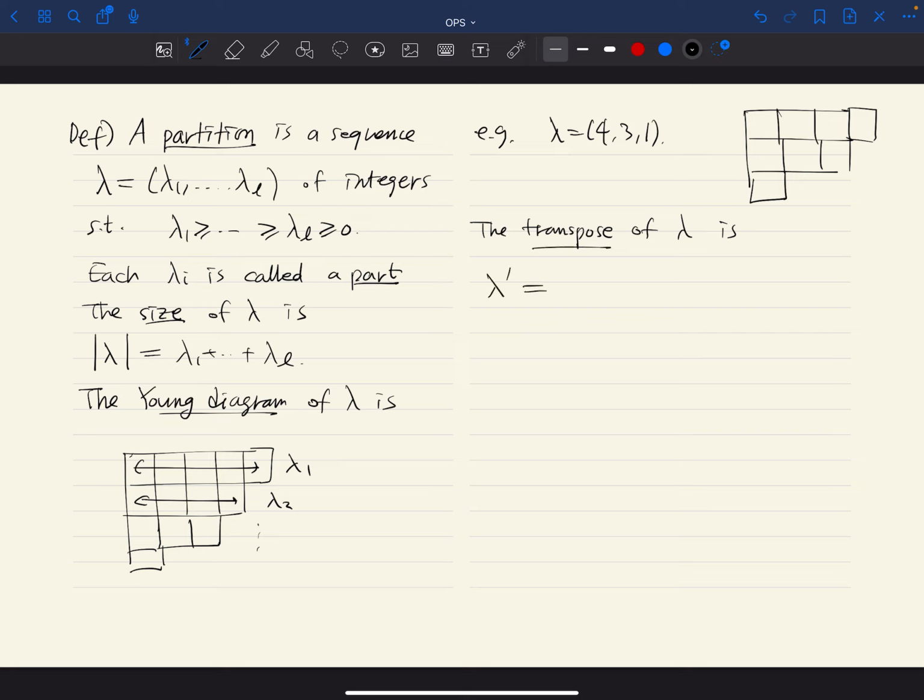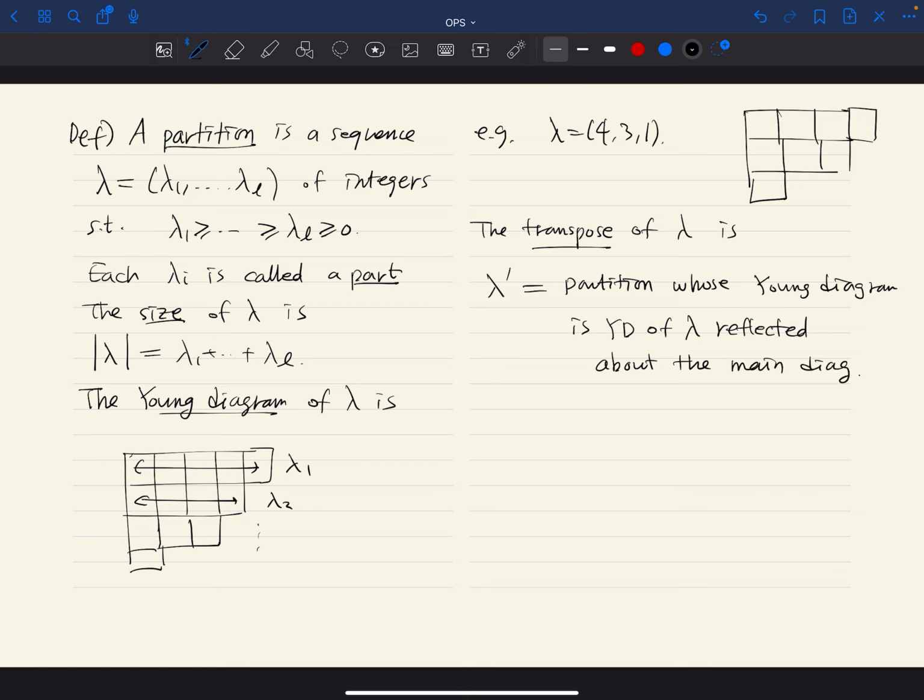This is the partition whose Young diagram is the Young diagram of lambda transposed, reflected along the main diagonal.